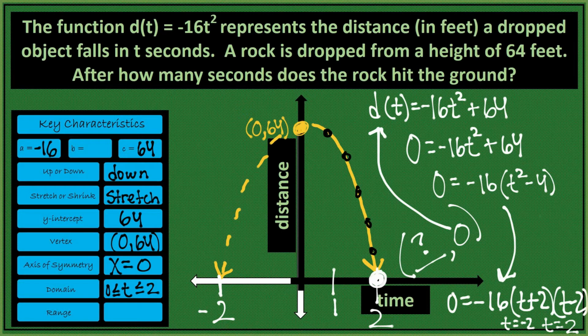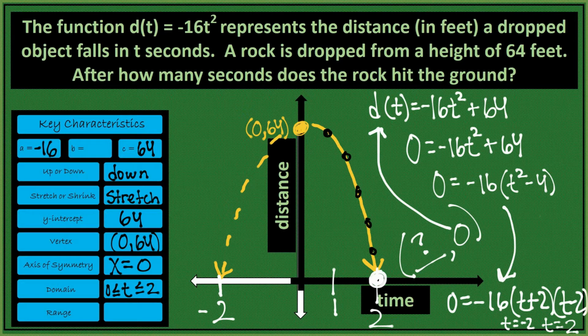All right, so for the distance, normally we would say y is less than or equal to 64, but on this problem, it doesn't keep going down forever. So the rock lands, stops, hits the ground at 0 on the y-axis. It would look like this.